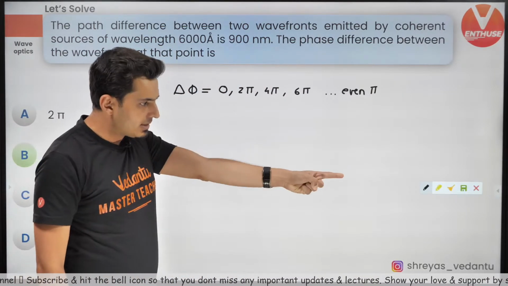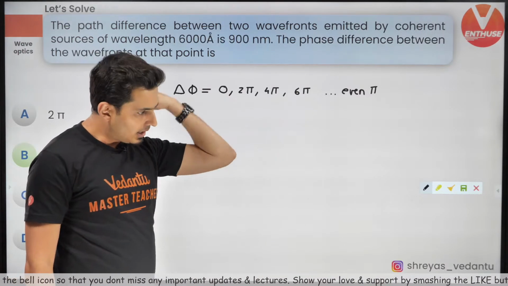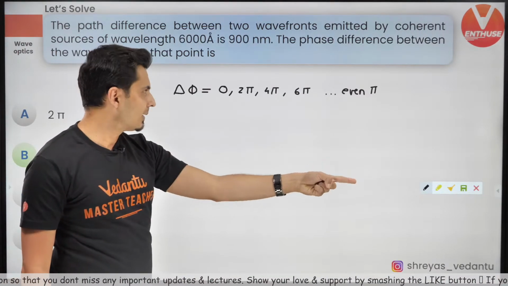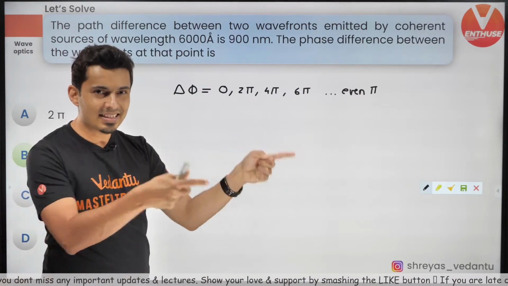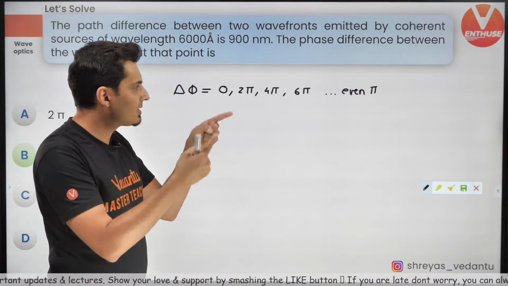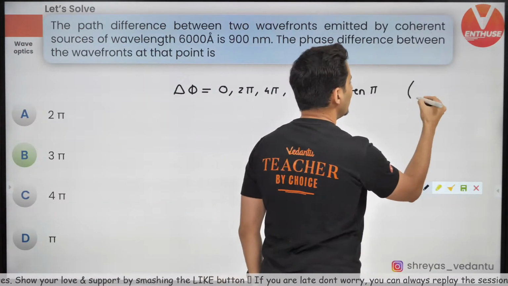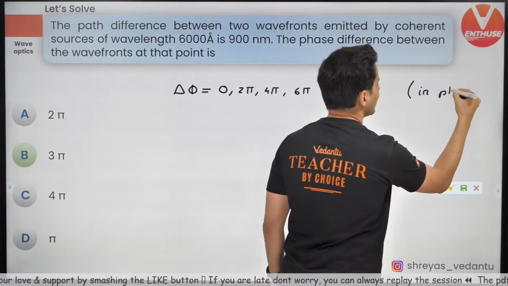See, 0 degrees if it is here, 2 pi is 360 back there. Again, 720 is back here. 6 pi is also back there. It's the same thing. So, 0 degrees is the same as 360 or 4 pi or 6 pi or any even multiple of pi. They are said to be in phase.